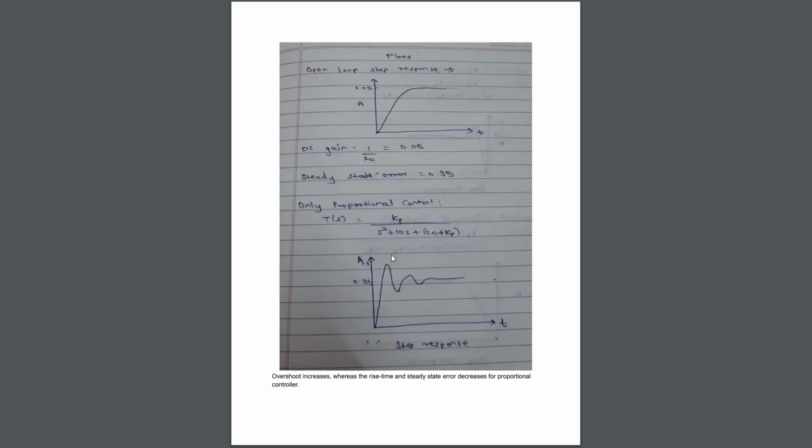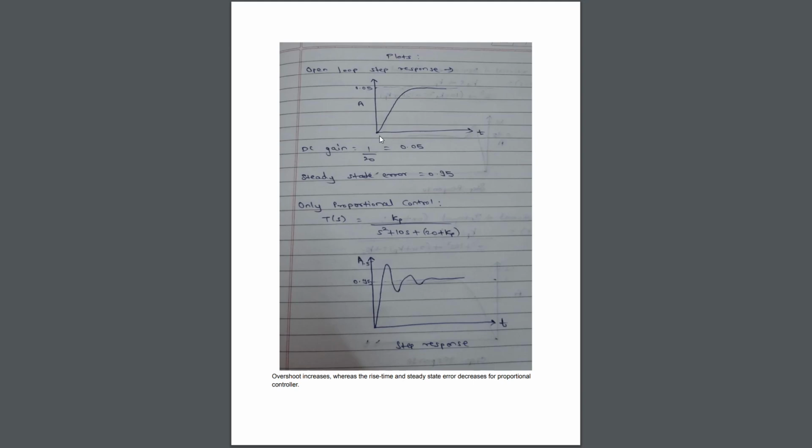So in this particular case, if we don't consider a closed loop system, if we just consider an open loop system, and if we try to plot the step response, then this is what it looks like. So basically the DC gain of the system in this case is found out to be equal to 1 by 20, that is 0.05. So this is the final value of the output to a unit step input.